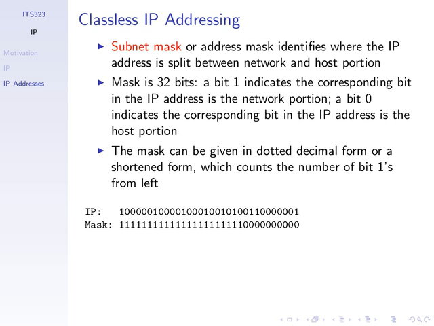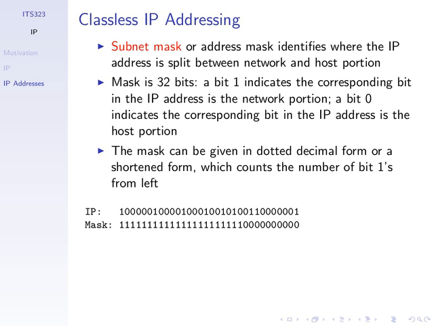Same as hosts, routers have IP addresses. Same addressing scheme. Except the router normally has 2 or more IP addresses because a router is attached to 2 different subnets. Router R1 is attached to subnet A, so it would have an address starting with this 10 bits, and it's also attached to subnet B, so it would have another address depending upon the subnet mask and the network address for subnet B. And router R2 would have 2 addresses.